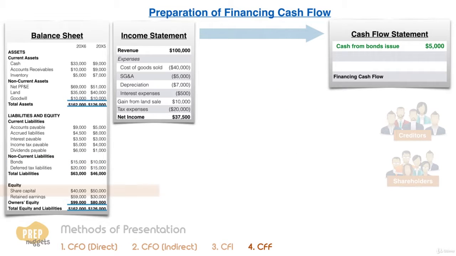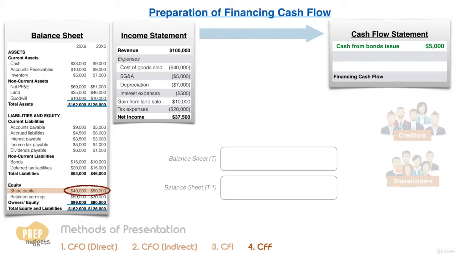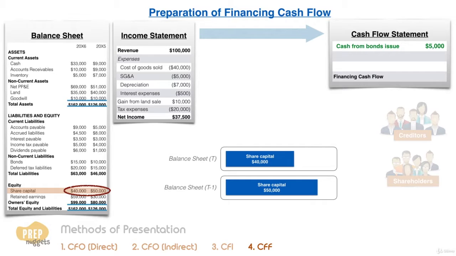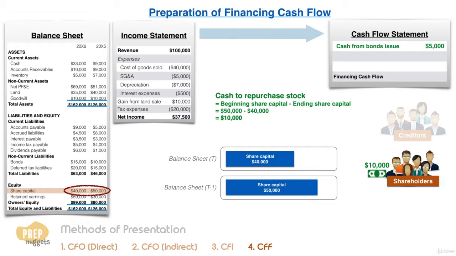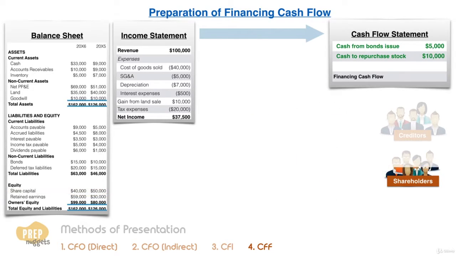Next, we observe that the share capital has decreased from $50,000 to $40,000. This suggests that $10,000 worth of stocks was repurchased from shareholders during this period. Since the firm expended $10,000 cash to buy back the shares, we record this under CFF as a cash outflow of $10,000 to repurchase stock.